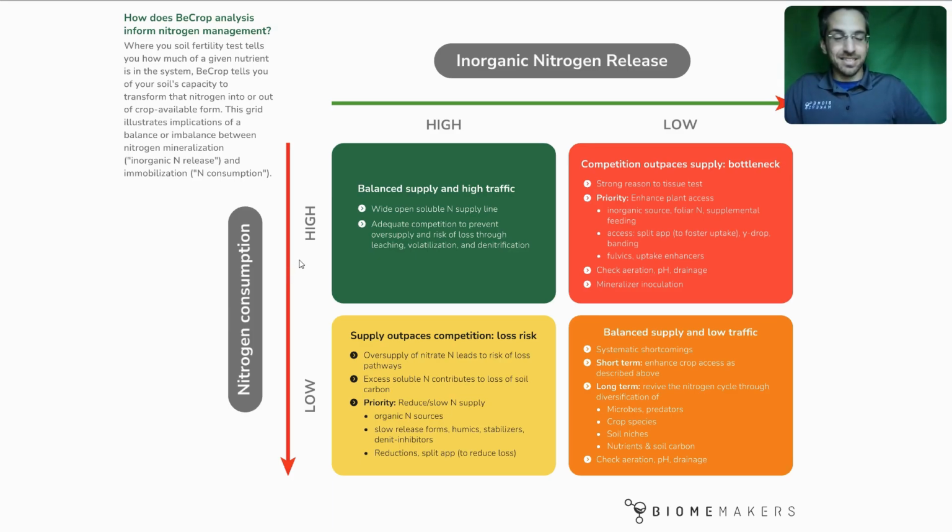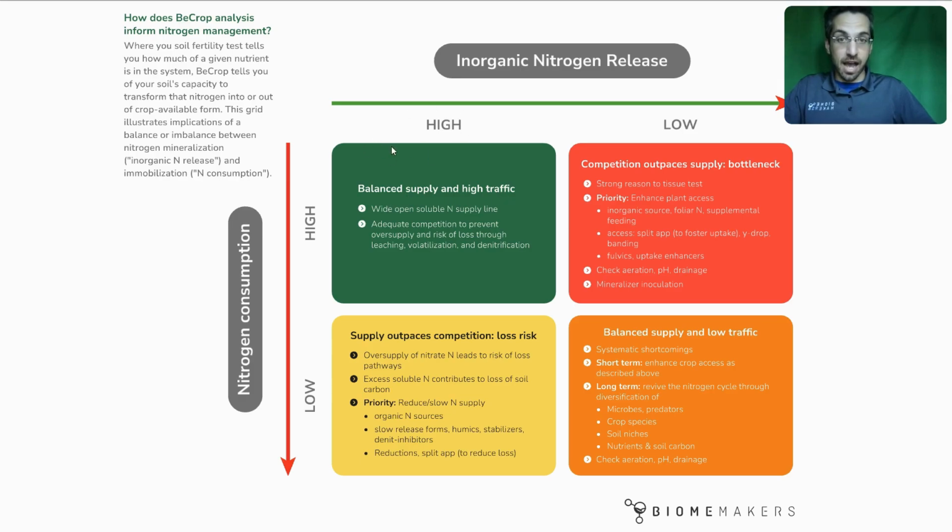I don't necessarily need to have high numbers of denitrifiers. I'd rather not, as that's a sign of conditions so low in oxygen that it's a favorable environment for denitrifiers to be pumping my nitrogen into the atmosphere. But immobilizers, organisms that break down urea, not necessarily a negative thing at all. And so I'd say that's balanced supply and high traffic.